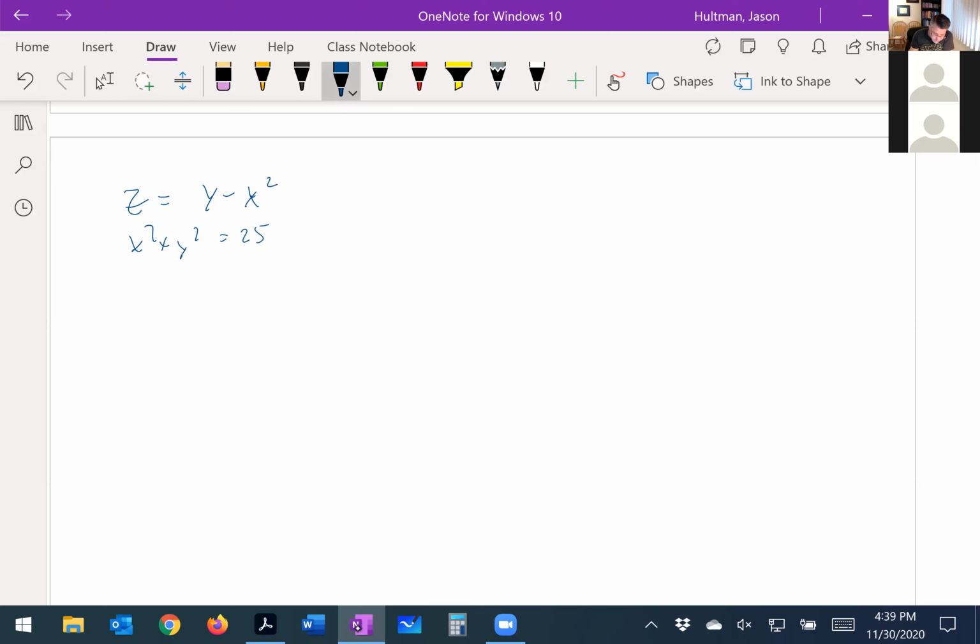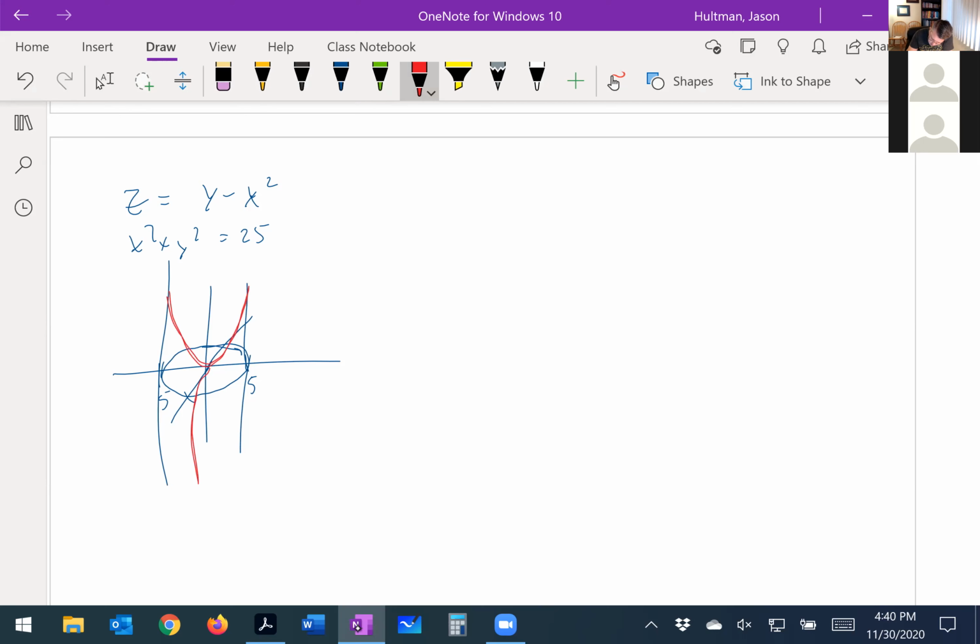We have this surface, and this cylinder out here at 5 that goes down. Then we have this hyperbolic paraboloid, which is sitting like this, and then like this as well.